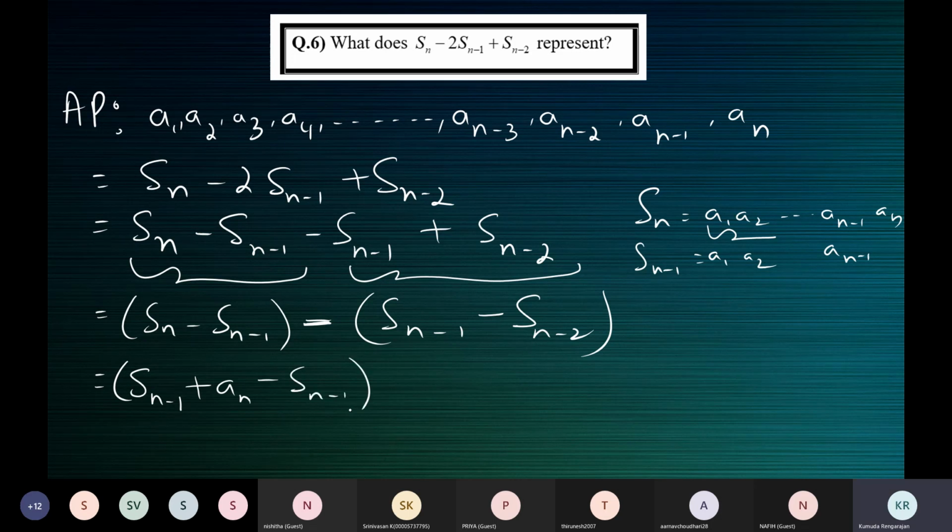I'll write as it is. Sn, the sum to the first n terms, is the sum to the first n minus 1 terms plus the nth term.